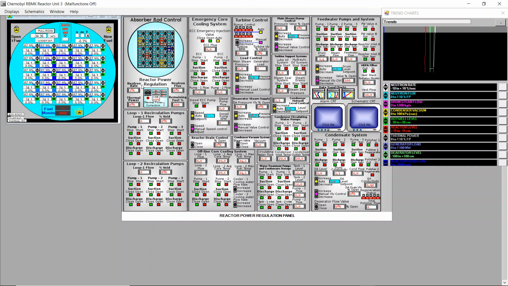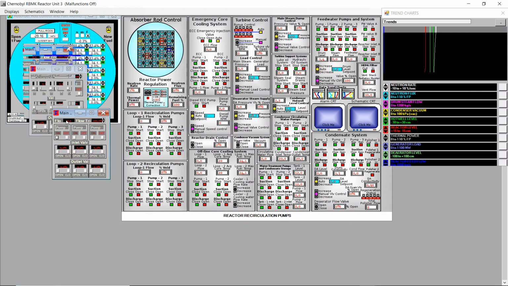And now we will need to keep an eye on the neutron rate, not to get too high. We get an alarm at 8%, but maybe we can get a bit higher, 10 or 15, but not more than that. Okay, now that we did that, we'll start the loop 1 and loop 2.